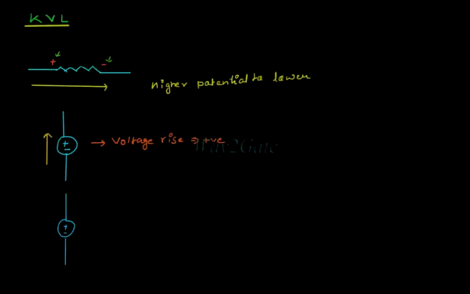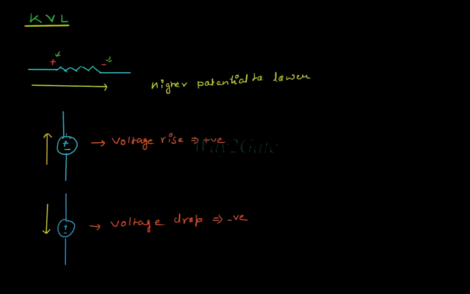If current is moving from positive to negative terminal, then there will be voltage drop and voltage is considered as negative. That is, the latter terminal decides the polarity of the voltage source.